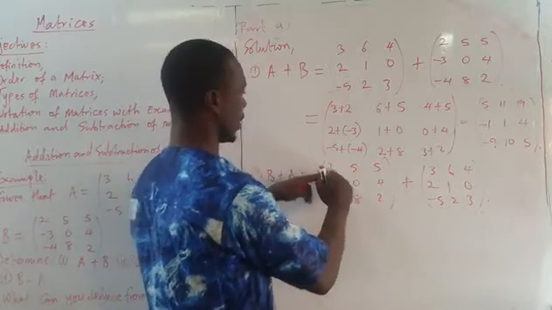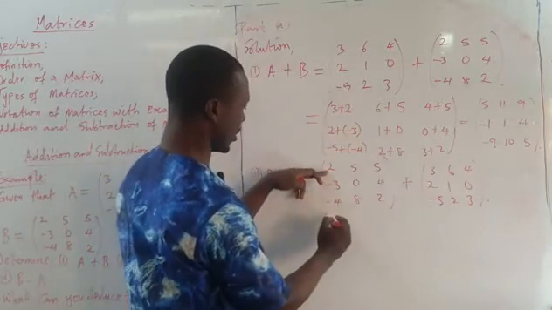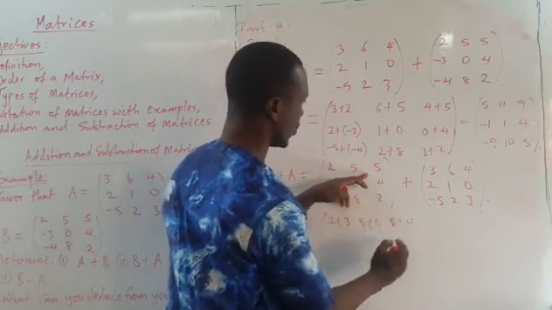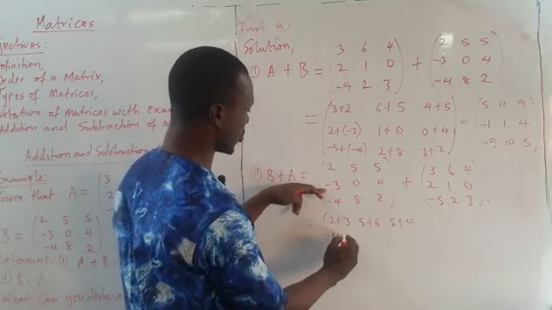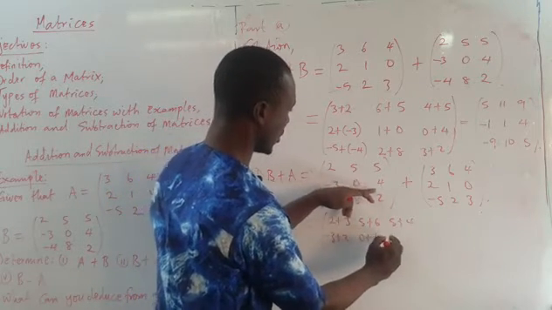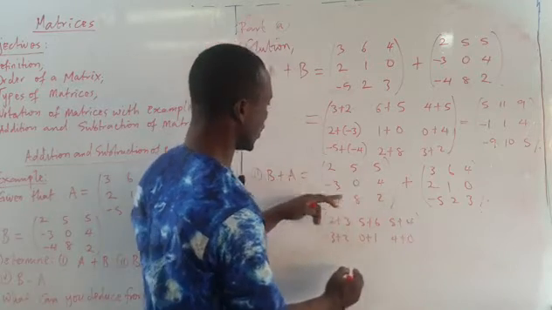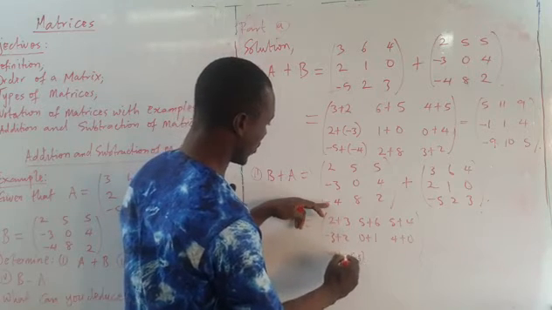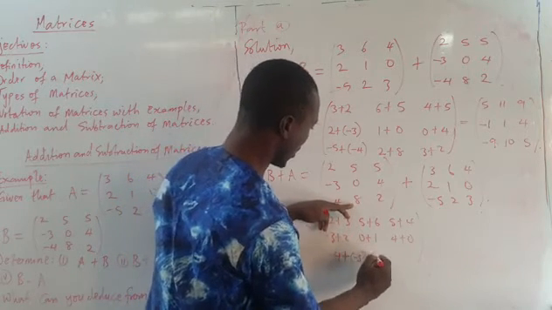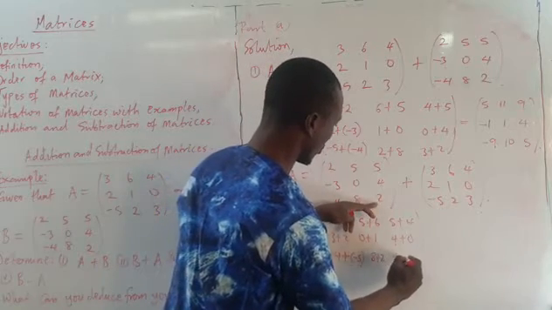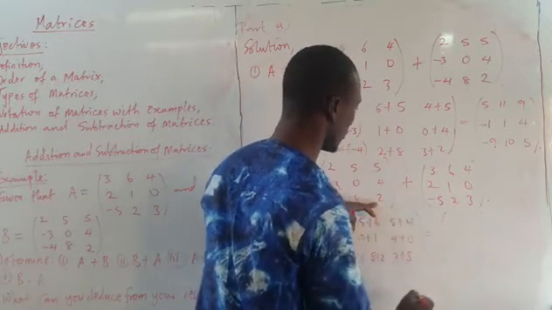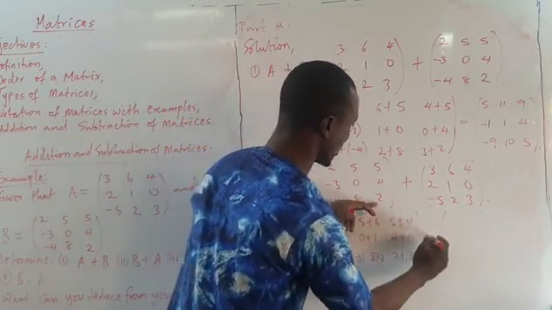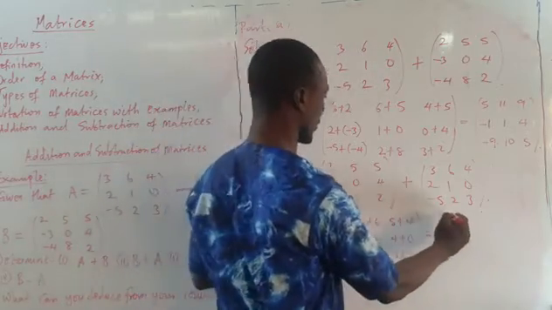So we add the corresponding elements. That's 2 plus 3, 5 plus 6, 5 plus 4. Then the next one is minus 3 plus 2, then 0 plus 1, then 4 plus 0. Then for the third row, minus 4 plus minus 5, then 8 plus 2, then 2 plus 5. So 2 plus 3, that's 5.